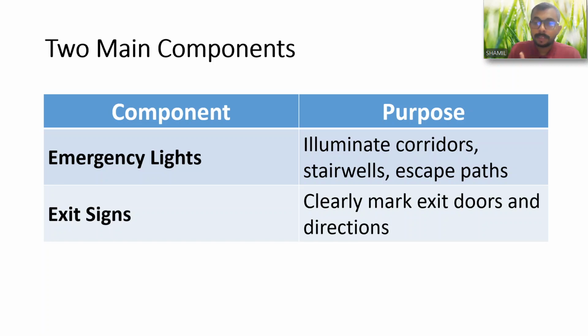The second item is the exit signs. The exit signs will be installed near or on the door to indicate that this is the door to escape. The occupants will know that they have to reach the door where the exit sign is located so that they can escape from the building. These are the two main components of the emergency and exit lighting system.